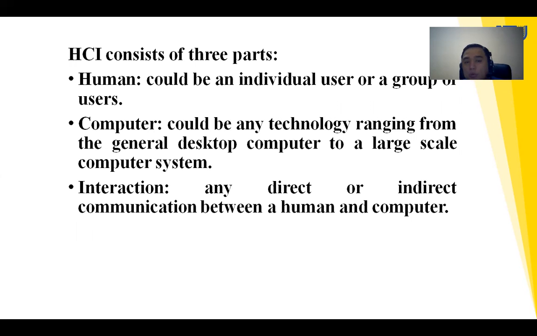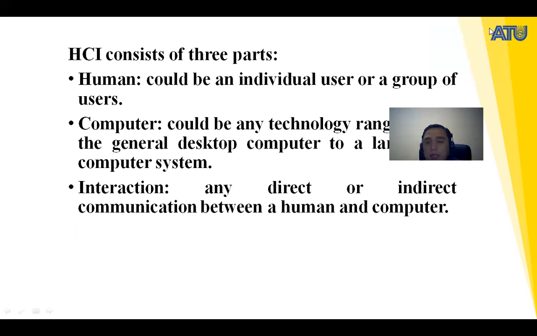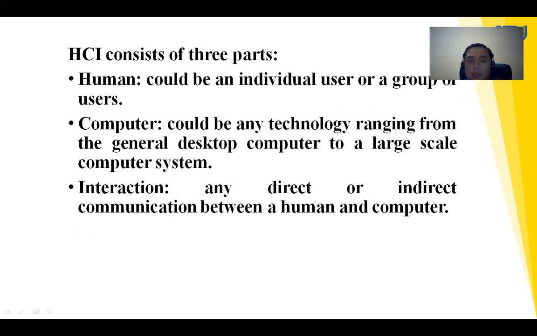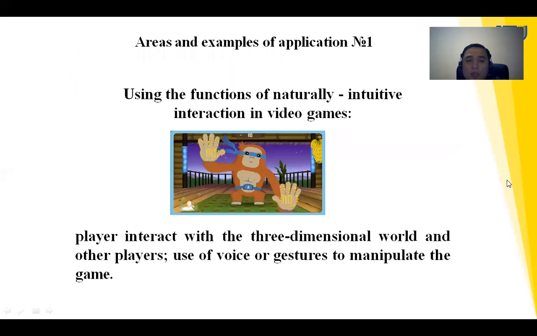Human could be an individual user or a group of users. Computer could be any technology ranging from the general desktop computer to a large scale computer system. Interaction is any direct or indirect communication between a human and a computer.